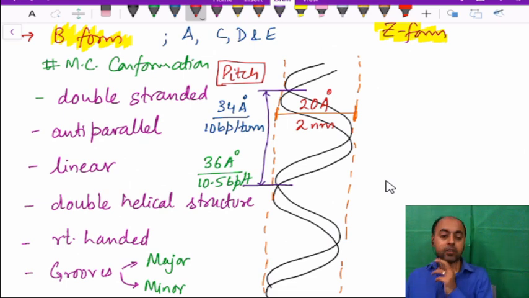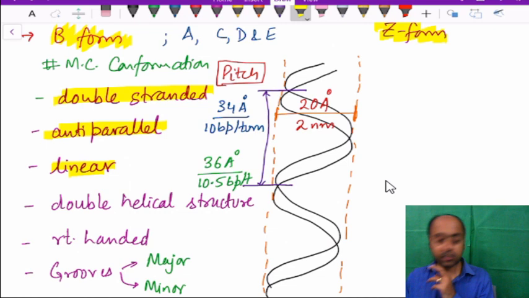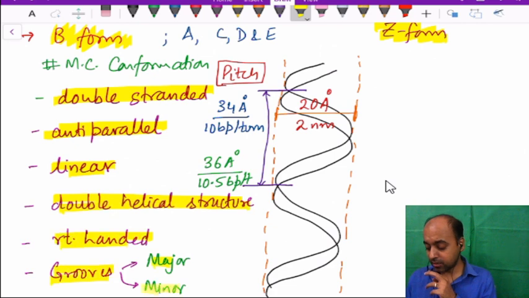Alright, so for the B form of DNA, the double stranded arrangement, the two strands are antiparallel, and thus DNA is linear in nature. The structure is the double helical structure, which is a right-handed helix, and there are major and minor grooves.